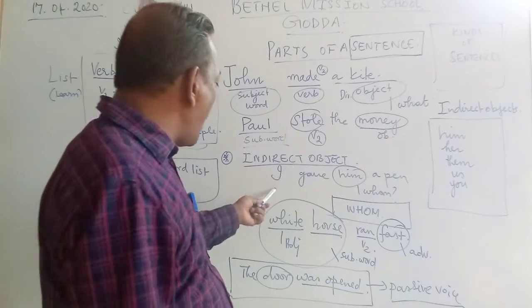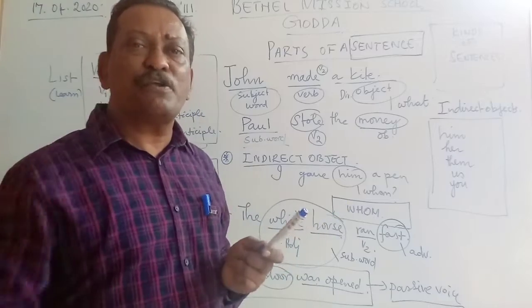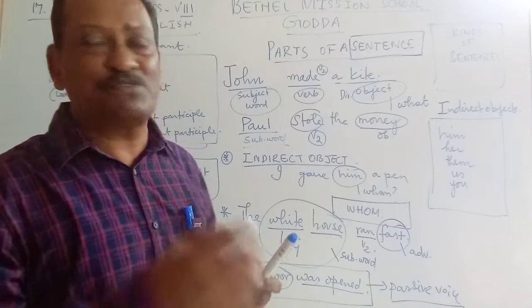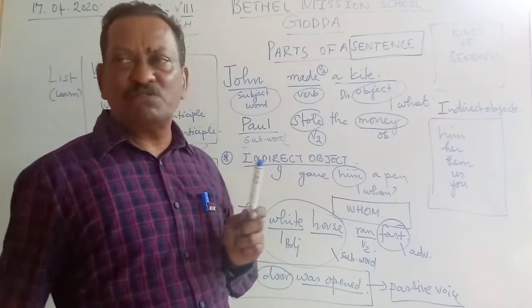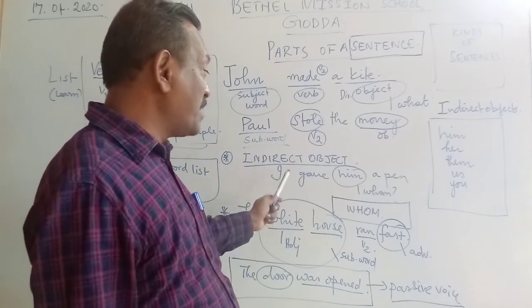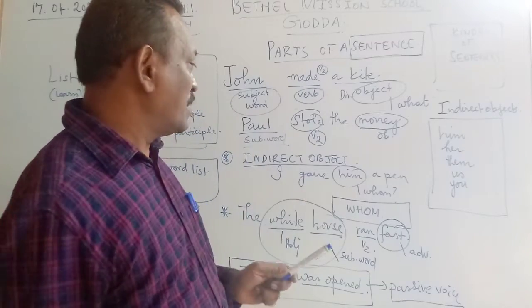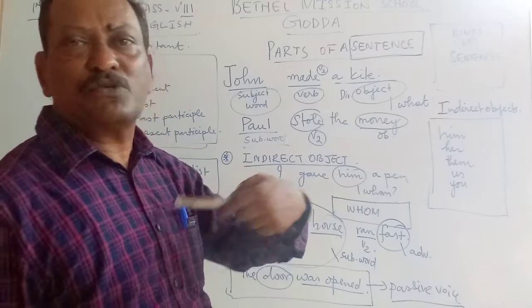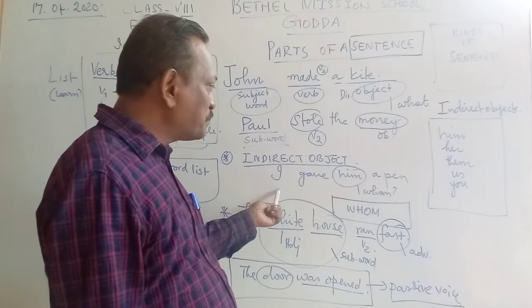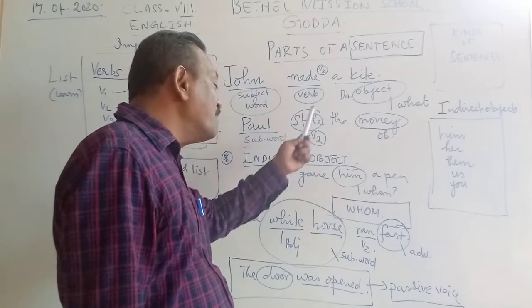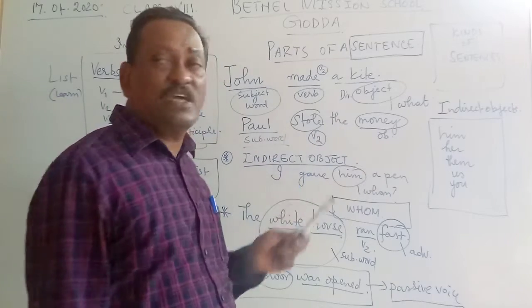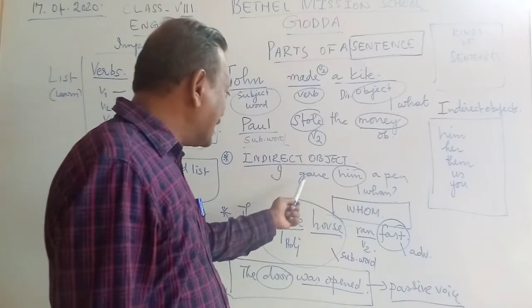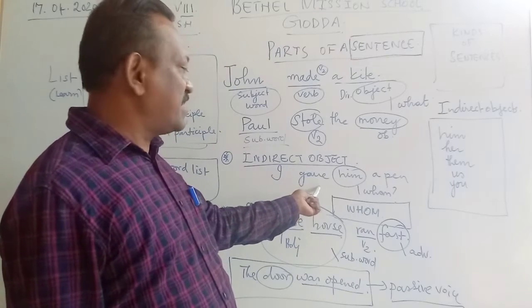So obviously I, which is the most important part of the sentence, that is the subject word, is the subject of the sentence. I, it answers the question who. Who gave him a pen? I gave him a pen. So obviously I is the subject word followed by a verb, that is the past tense of give. So I gave, a verb is there.